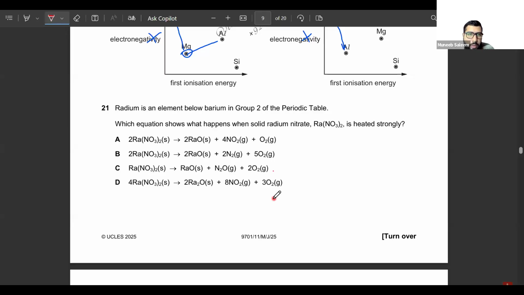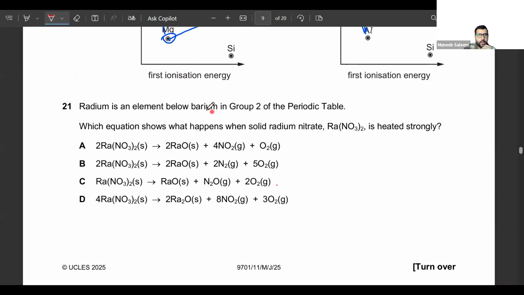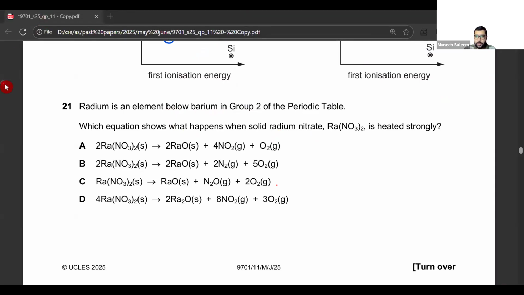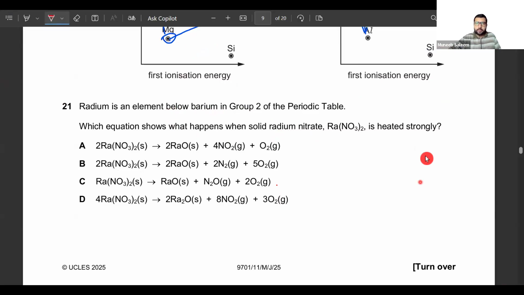Now question number 21. Radium is an element below barium in group 2 of the periodic table. Which equation shows what happens when solid radium nitrate is heated strongly? Basically, we have to remember how a group 2 nitrate compound decomposes upon heating.